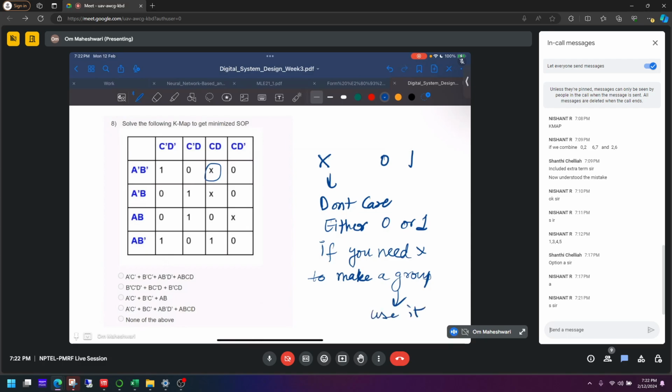You have to make the largest groups. So once again, remember, use X only if you need it, to make the larger groups. Please attempt this.